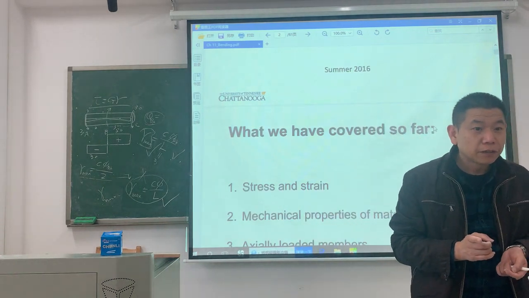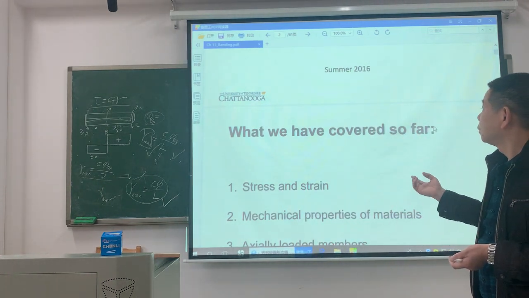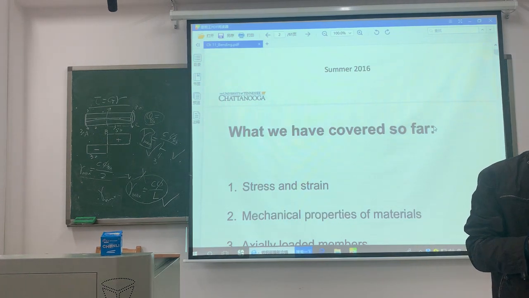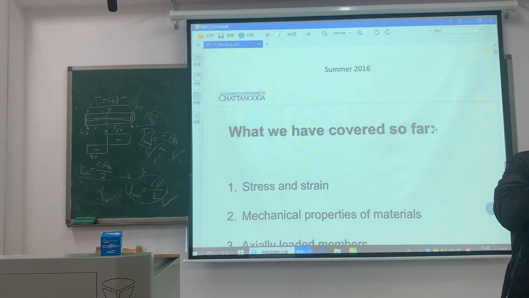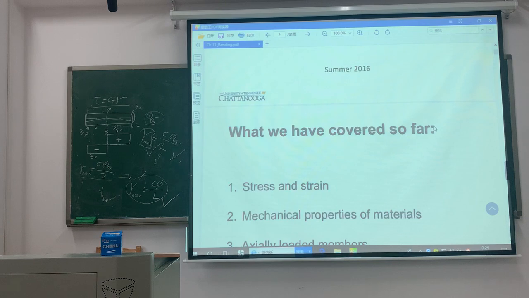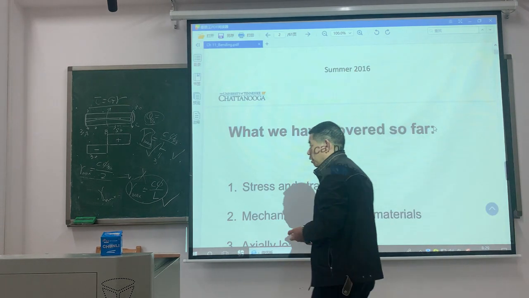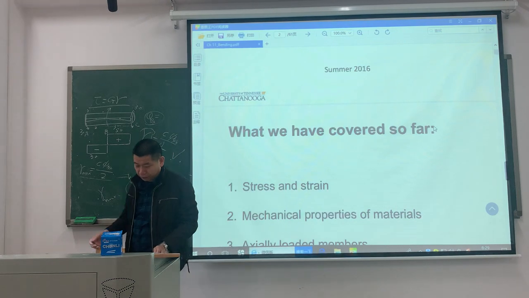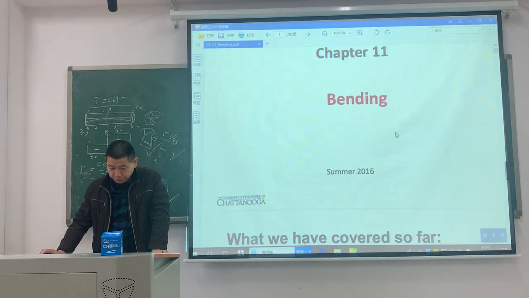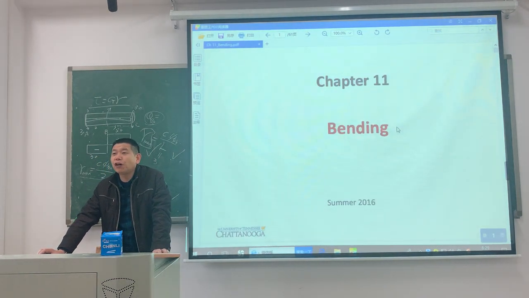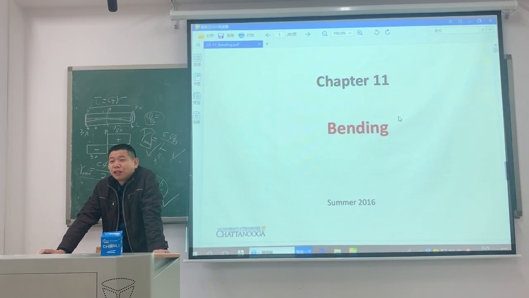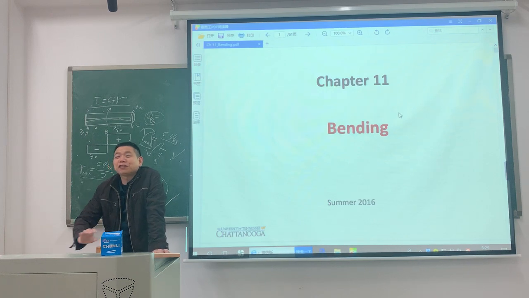So there is just one kind of deformation left, bending. So I will introduce bending. If we know how to find the stress and the deformation for a bending member, it means we finish the bending.